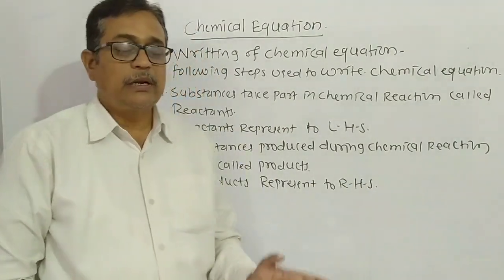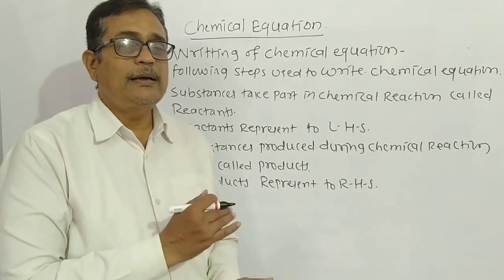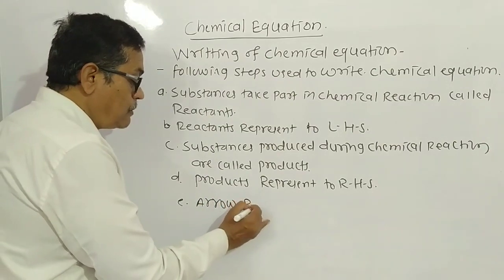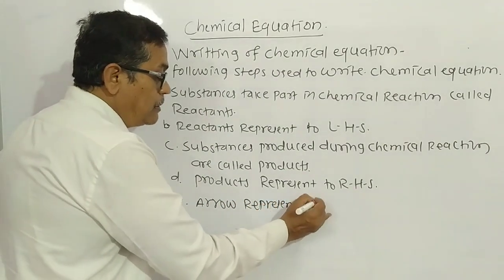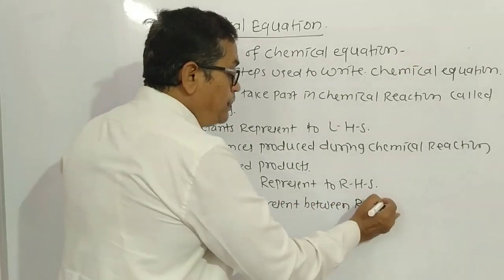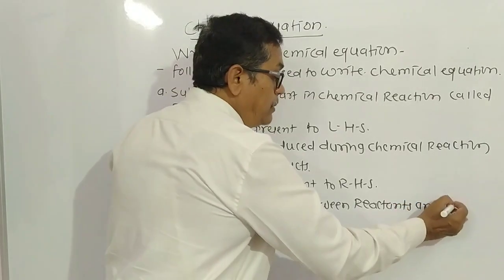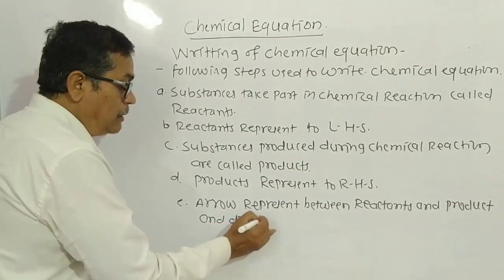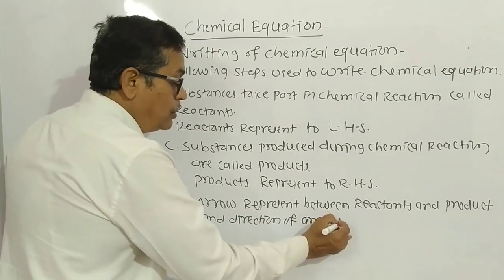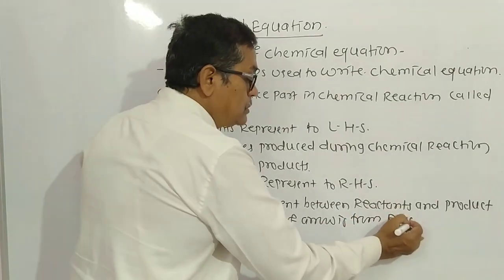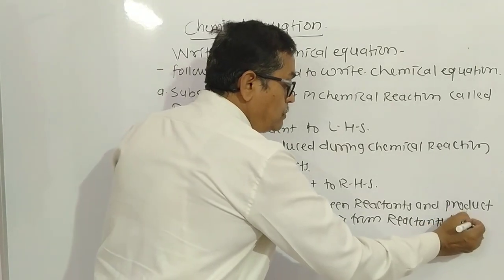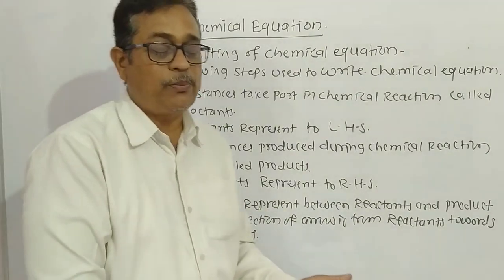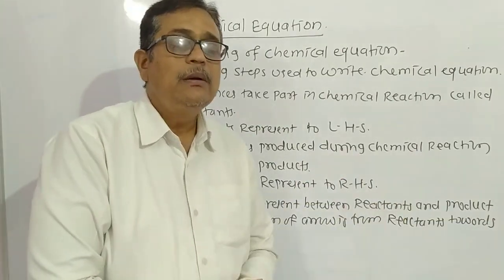And dear student, one arrow is placed between reactants and products, and the direction of the arrow is from reactants towards products.